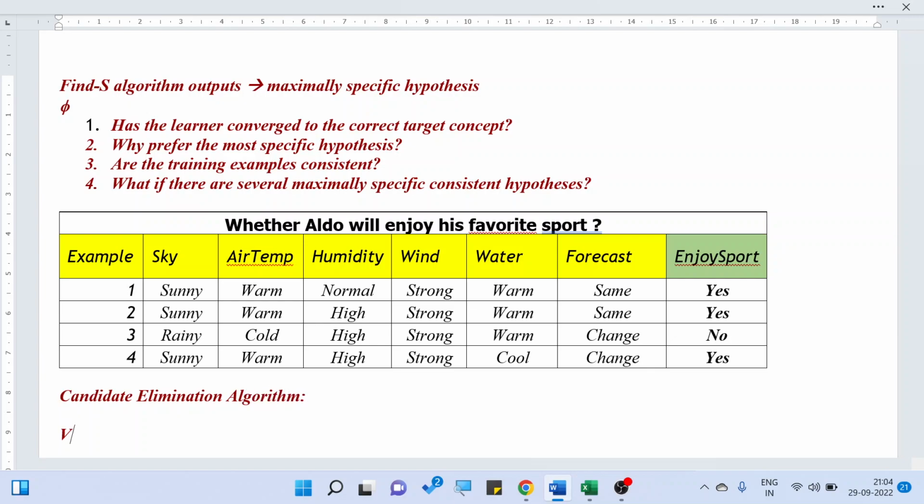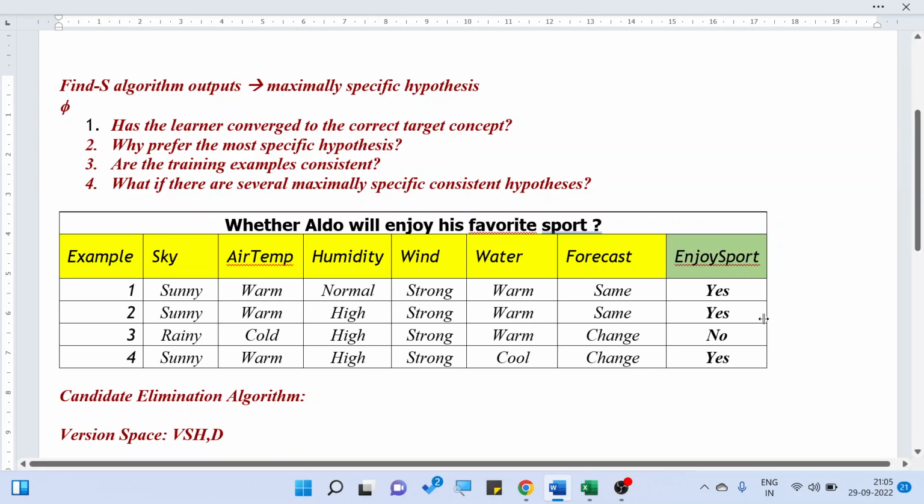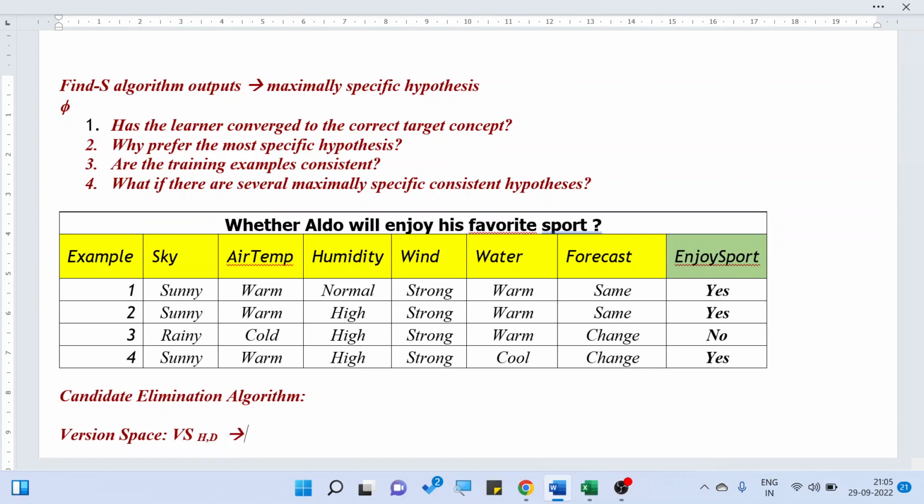This algorithm depends on the definition of version space, which is indicated by VS of H comma D, where H is the set of hypotheses, D is the set of training examples, and which is actually a set of consistent hypotheses.